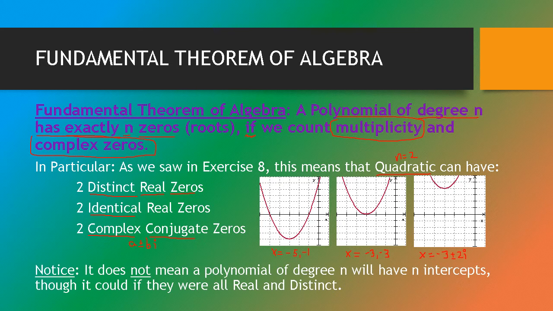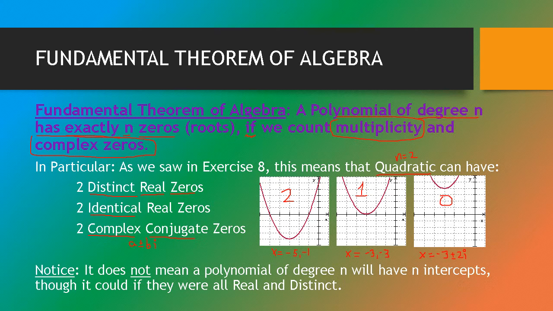In general, notice that this fundamental theorem of algebra does not mean that a polynomial of degree n will have n x-intercepts. In fact, here we see that this quadratic does not always have 2 x-intercepts. Sometimes it has 2 x-intercepts, sometimes it has 1 x-intercept, sometimes it has none.